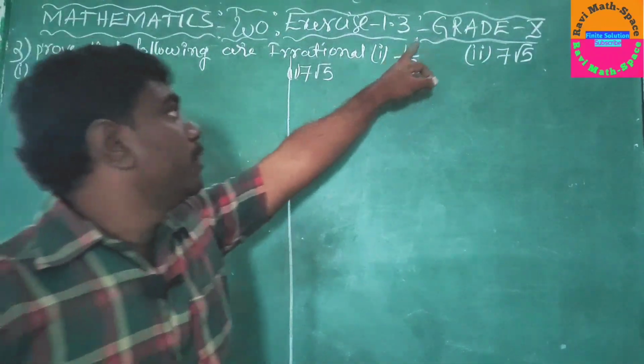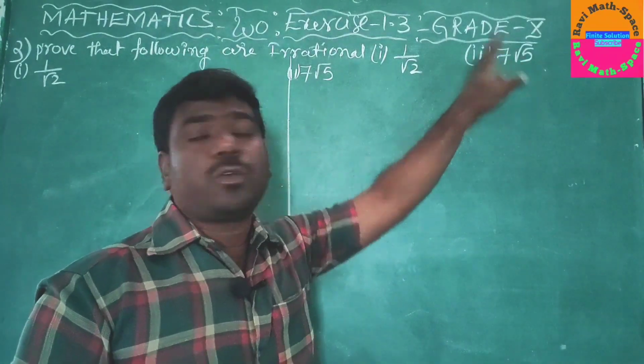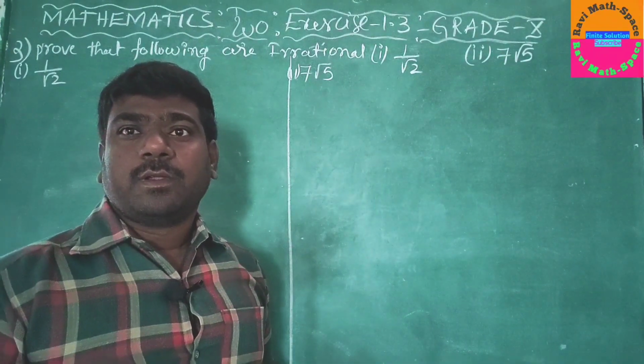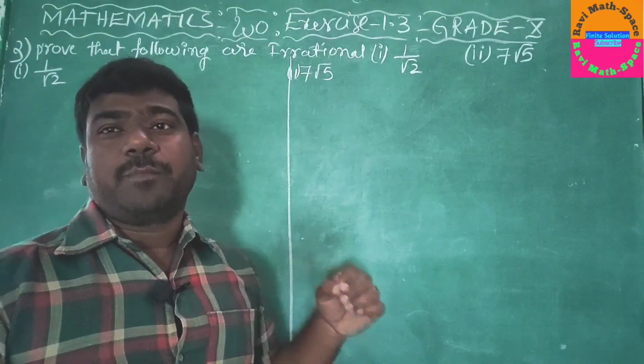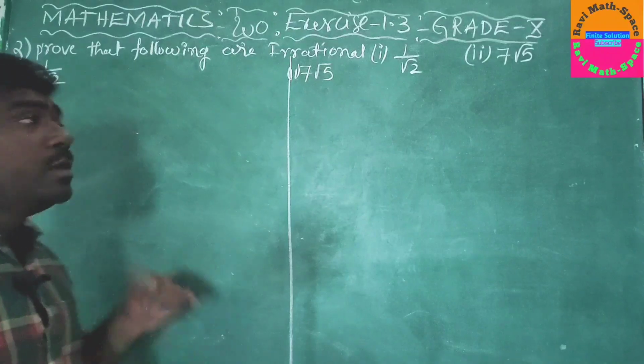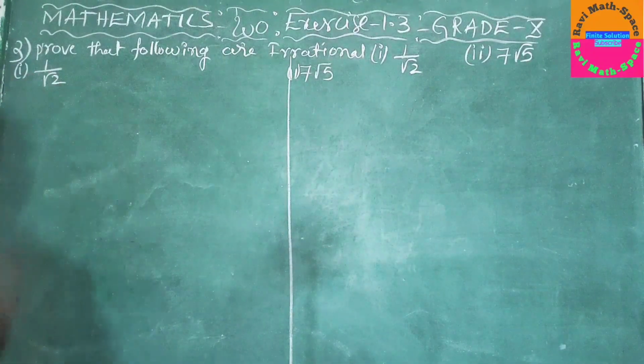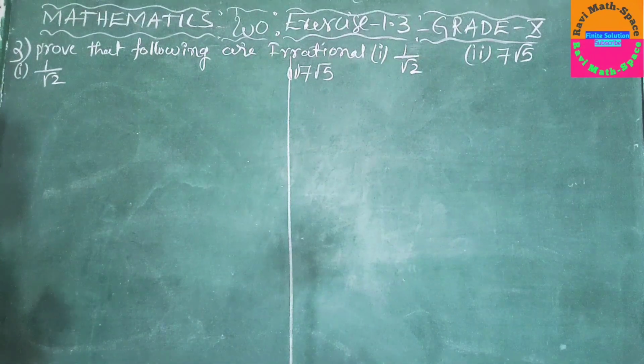First one is 1 by root 2. Second one is 7 root 5. We have to apply the same procedure as the previous problem. First we are going to prove that 1 by root 2 is irrational.